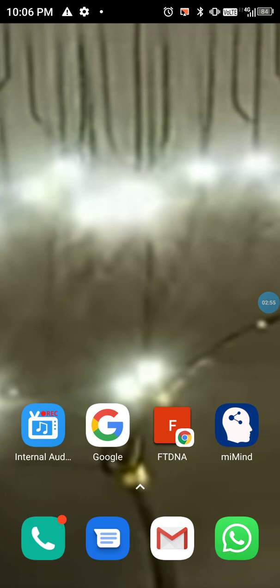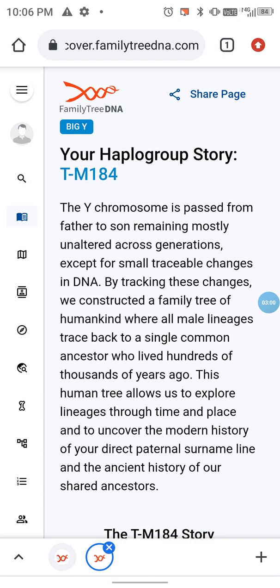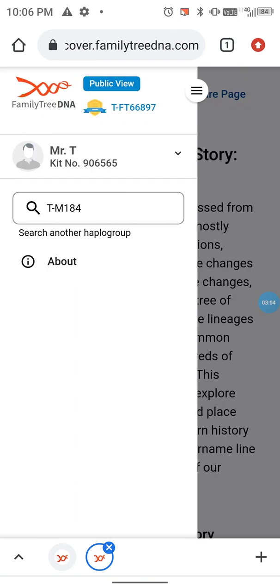Okay. So let's go ahead and open it up and take a look at this real quick. I set this up. I put on here T-M184 to use as an example, and basically T-M184, as far as Y haplogroup T, is the most basic mutation that literally defines a person as being Y haplogroup T, right?